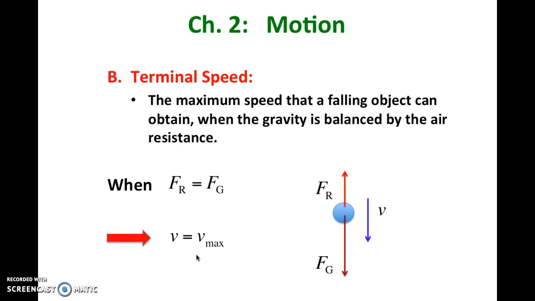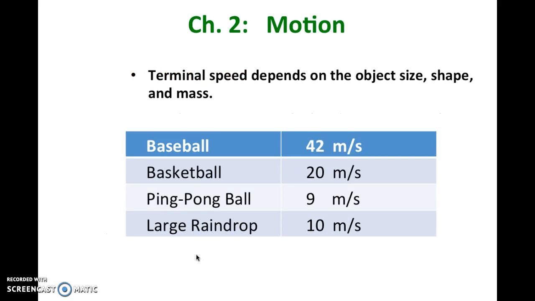The speed of a falling object reaches the maximum when the air resistance is great enough to balance the gravity. This maximum speed is called the terminal speed. Terminal speed of an object depends on the object's size, shape, and mass.